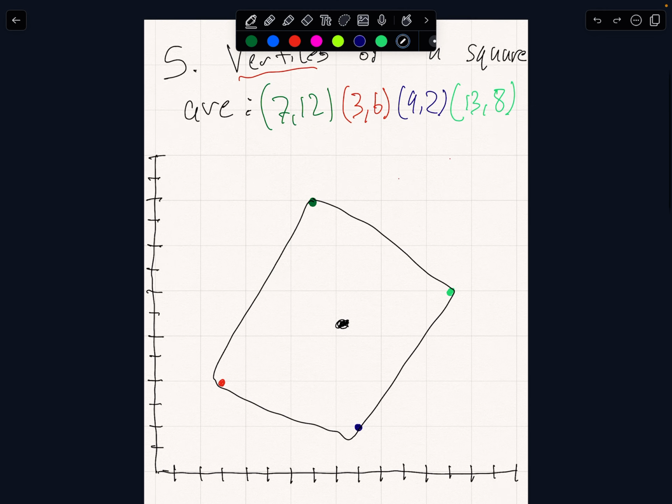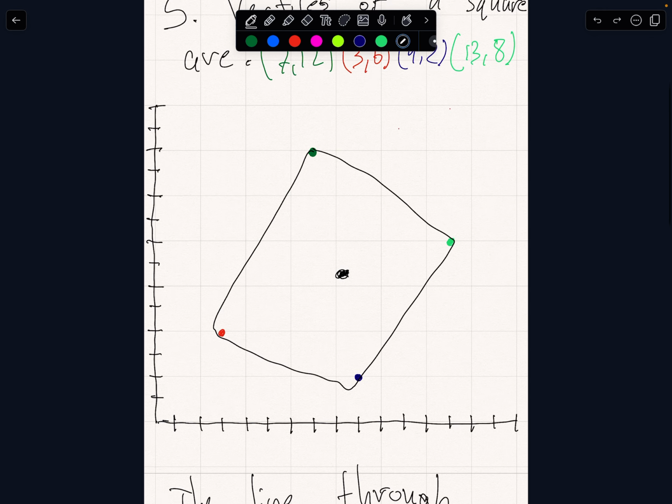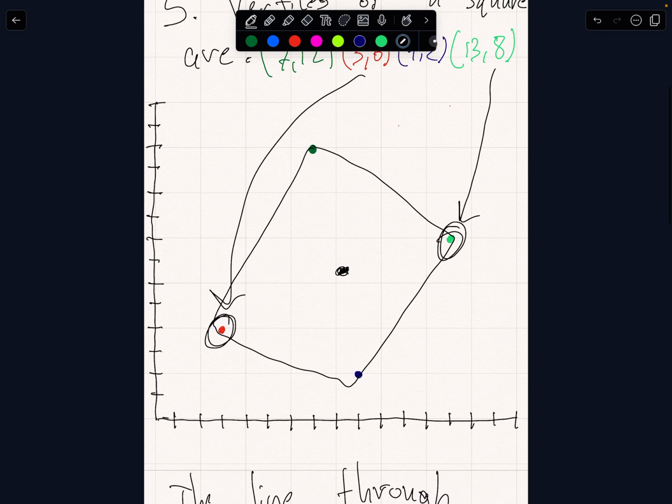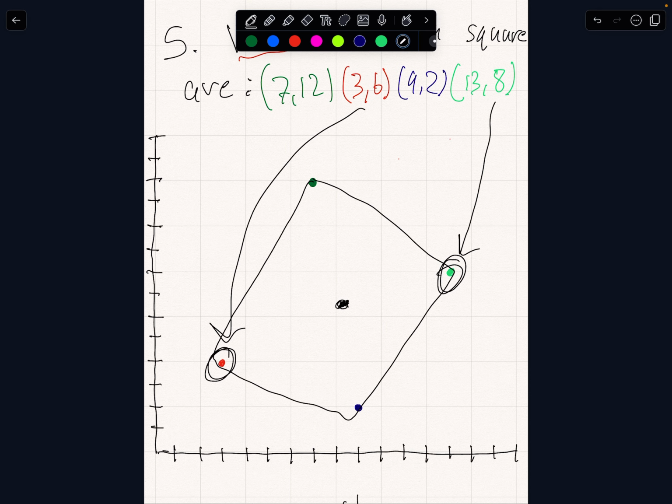Well, let's figure out the square center point. We can do this by picking 2 points. For example, this point over here, which is 3, 6, and let's choose this point over here, 13, 8. If we find the average of the two x values and the two y values, they will point us to the middle.